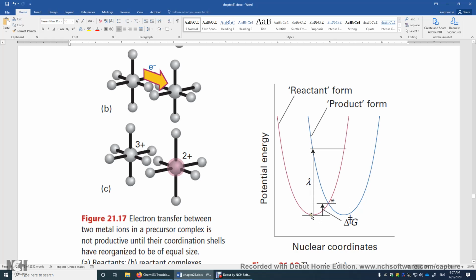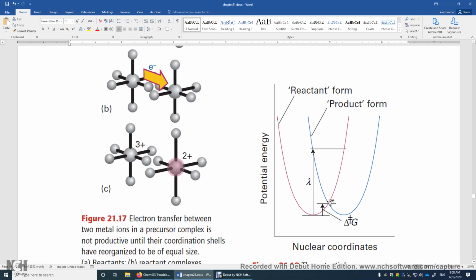So really, the true barrier is here. This is the true energy barrier. It will go up here and then go here, right? So you may imagine, we just need this amount of energy to go here on the potential energy curve of the reactant.